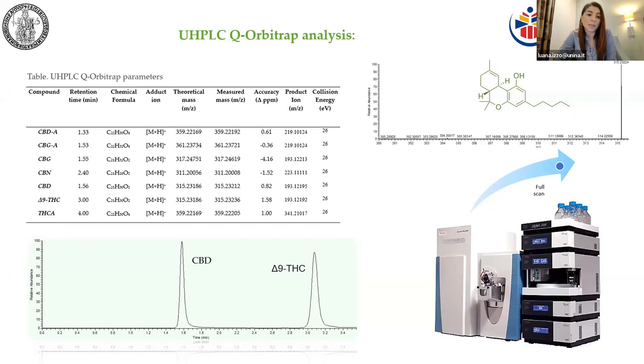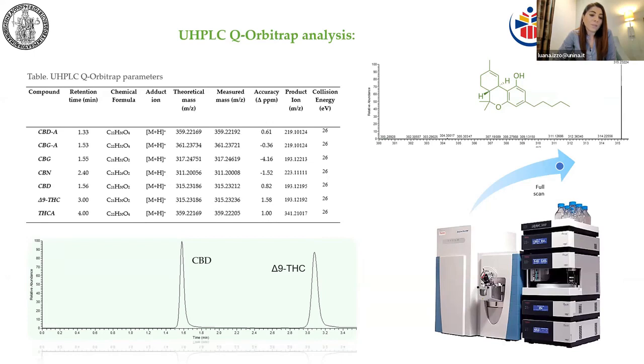These specific parameters were obtained after injecting a very low concentration of each one of the standards into the Orbitrap to obtain this information about the collision energy and about the product ions, to accurately identify each one of these compounds.